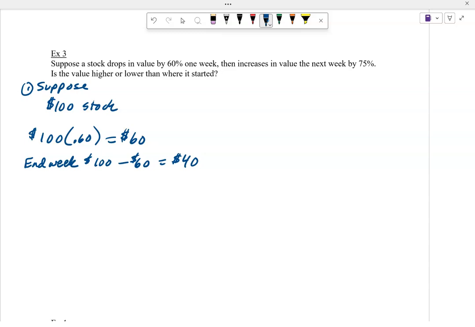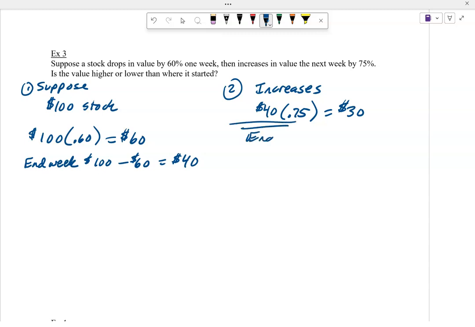But then it increases. How much does it increase? Now it increases 75%. I have my $40. It goes up 75%. Well, what's 75% of $40? It would be $30. Okay, so the end of week 2. Remember, we were sitting at $40 because it dropped 60%.